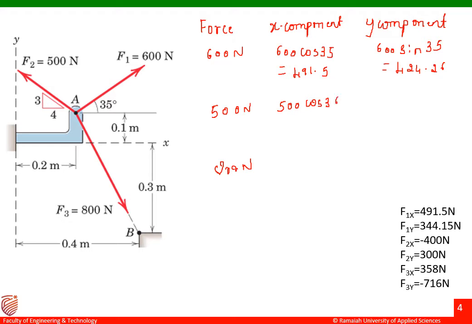Let me write the formula here, that is 500 cos 36.86, and then the y component is 500 sine 36.86. So these are my x component and y component. The answer for the x component is 400 Newton and the next one is 299.93. So this is the resolution of the 500 Newton force.